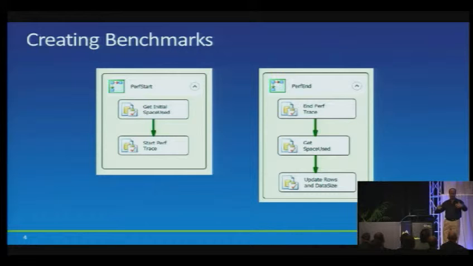Then at the very end of my package, I end my trace, get another space used, and I record that. That gives me an idea of performance: how many rows I inserted, how many kilobytes I added, etc. I could even start a particular performance trace, go down to the trace level and end it.